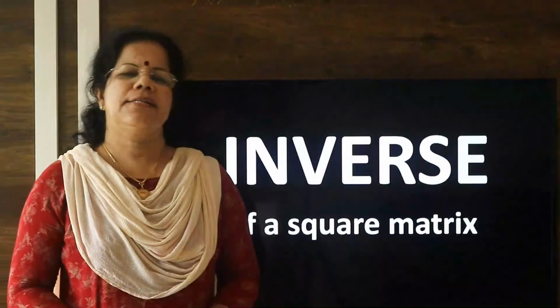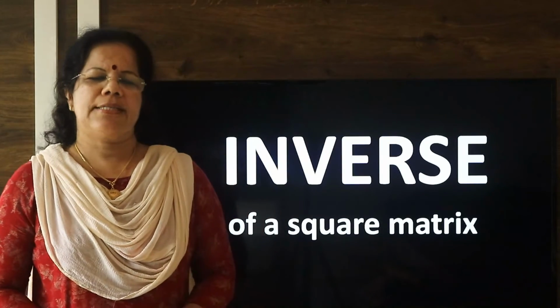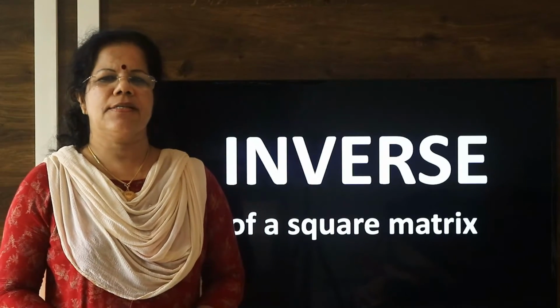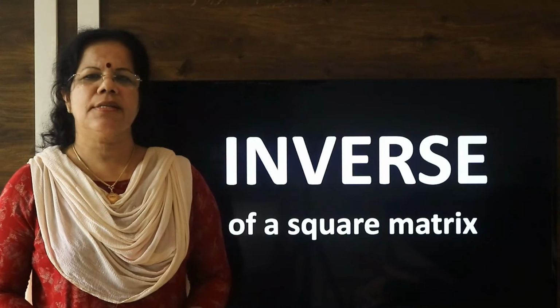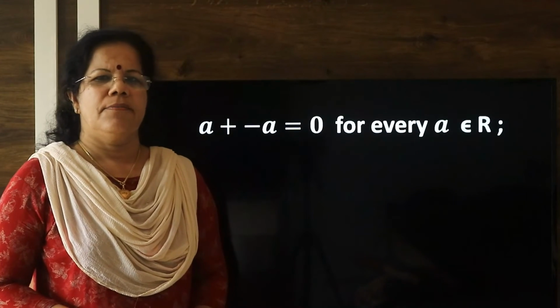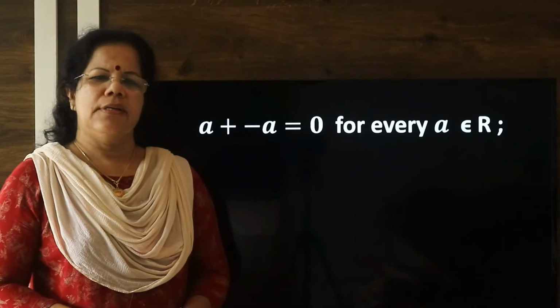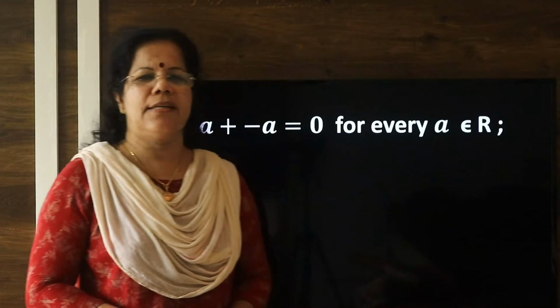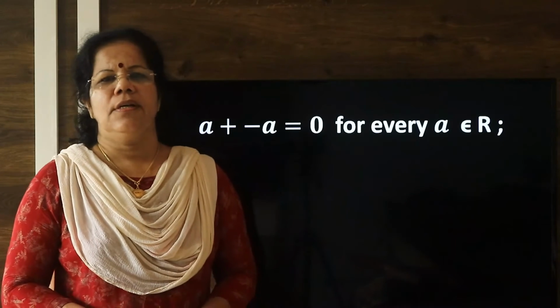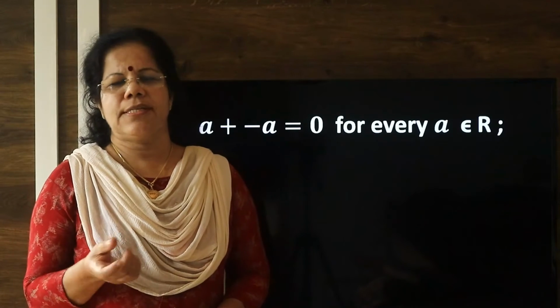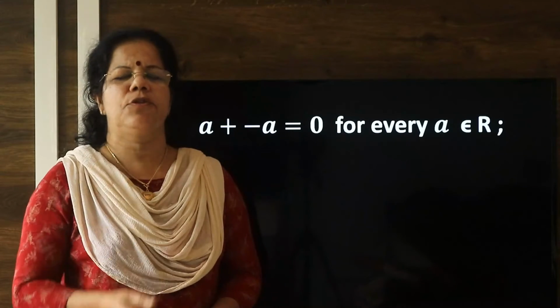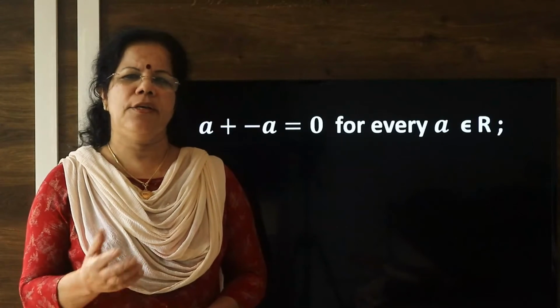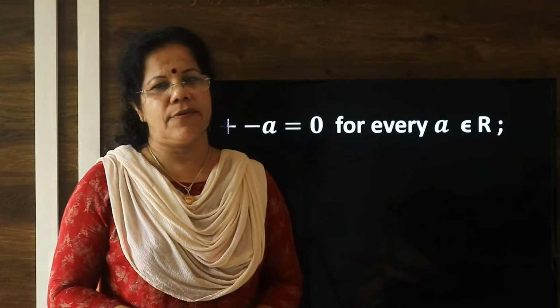Now let us see the next application of determinants and matrices, that is inverse of a square matrix. Before that, I will take some examples. In the case of the set of real numbers, negative 2 is the additive inverse of positive 2, because once you add you get the identity element for addition.